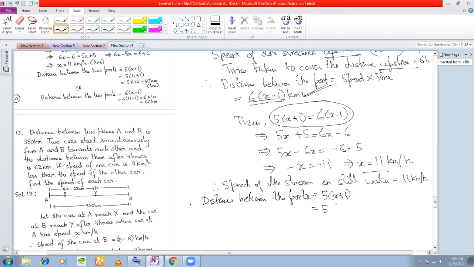Put the value of x, 5 times 11 plus 1. 5 into 12, which is equal to 60 kilometer, is the distance between the ports. You can put it in 6x minus 1 also, you'll get the same answer because we have already taken them to be equal here. Okay. And finally, the last problem.